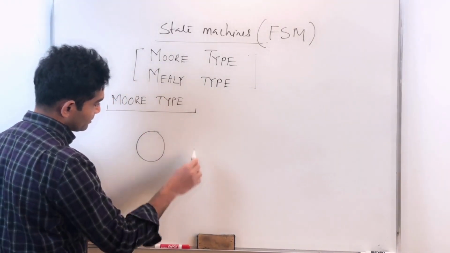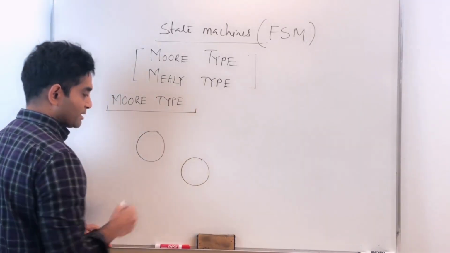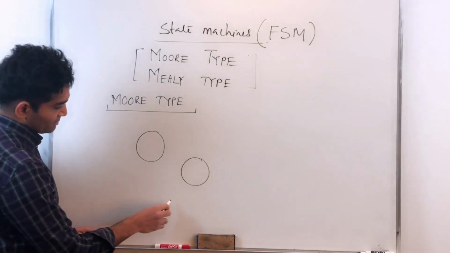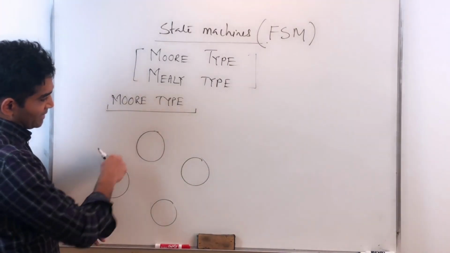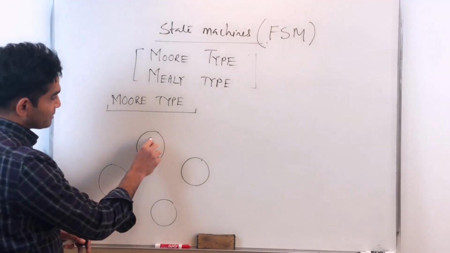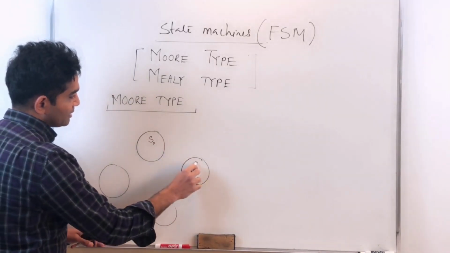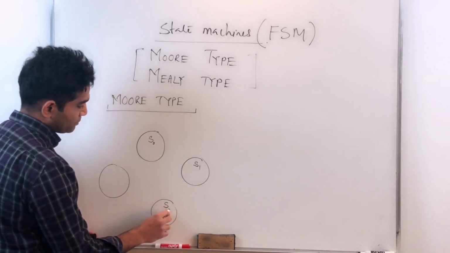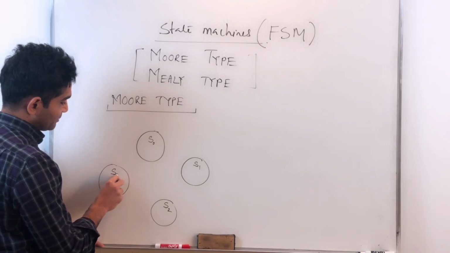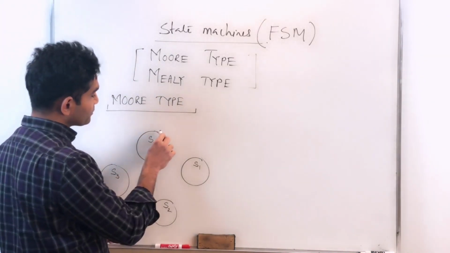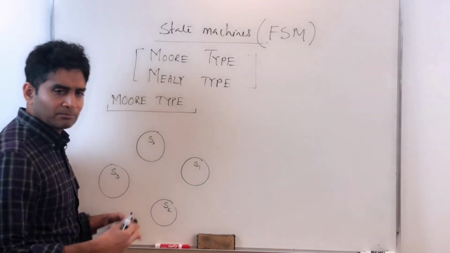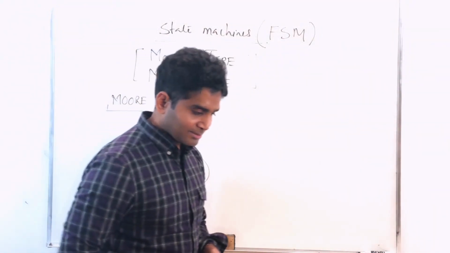So let's say I'm looking at a simple state diagram for a state machine which has, let's say, 4 states. Okay. Again, my states are represented by the circles. So let's say I have 4 states: S0, S1, S2, and S3. This is some arbitrary state diagram.